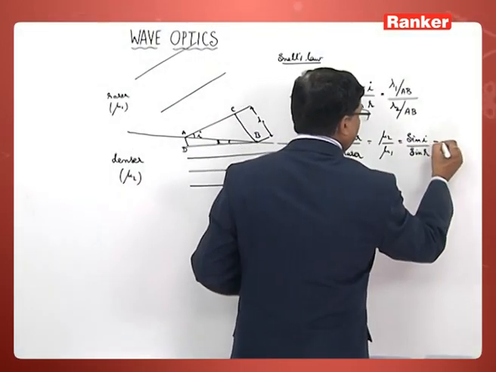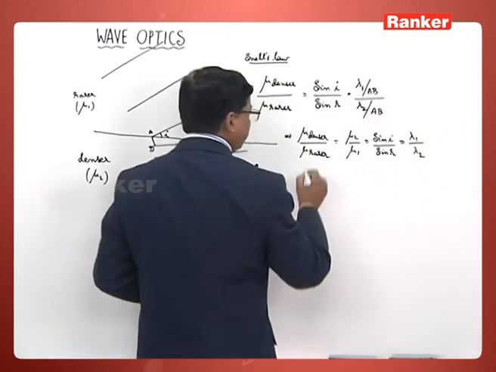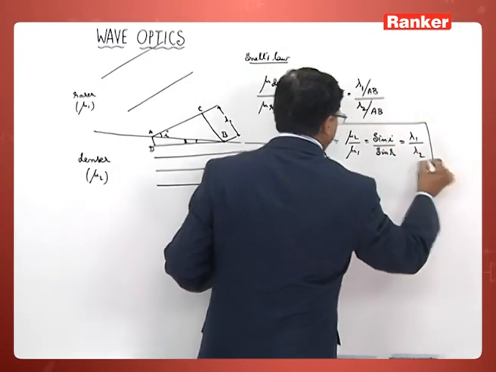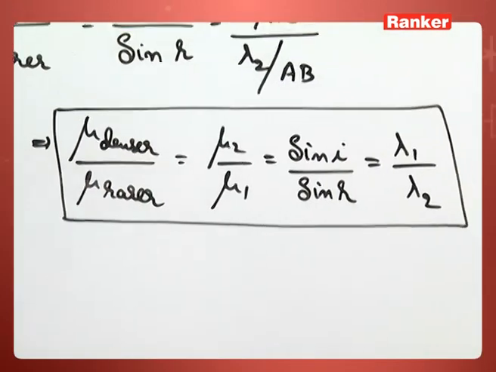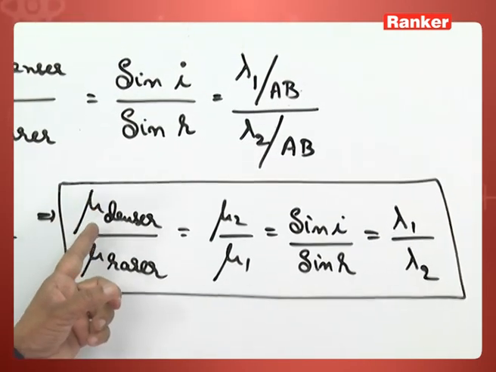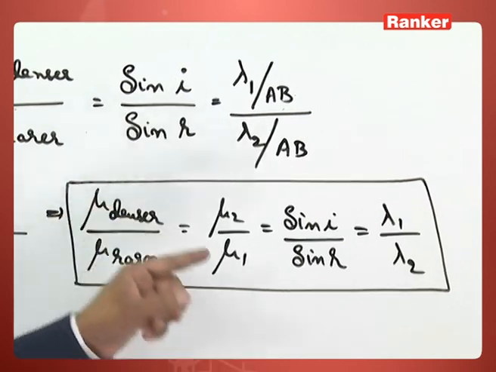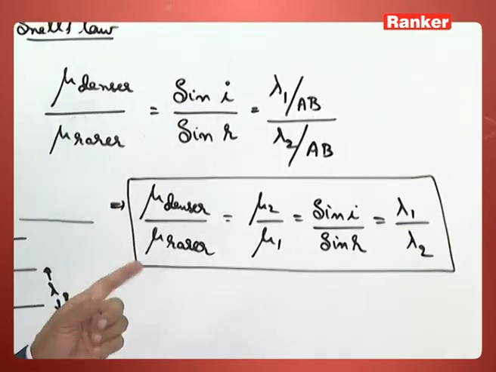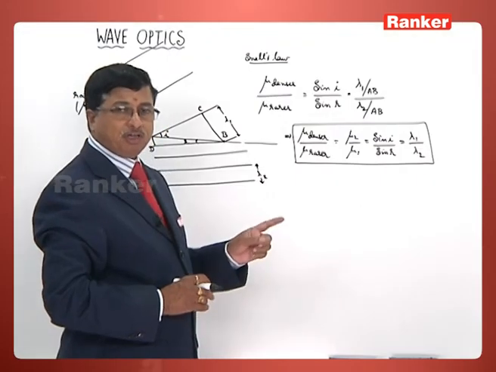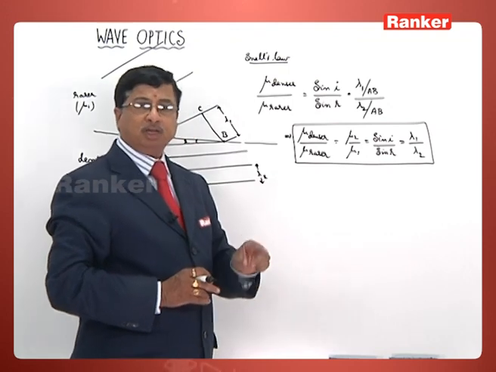This is now equal to lambda 1 by lambda 2. This is the outcome. According to wave theory, the refractive index of the denser medium with respect to the rarer medium in terms of wavelengths is equal to lambda 1 by lambda 2, which we can take as lambda in the rarer medium divided by lambda in the denser medium.